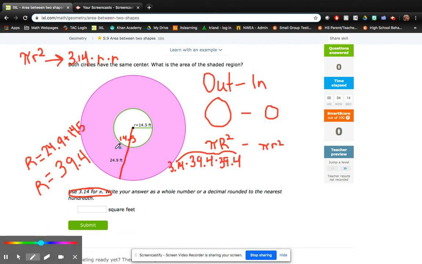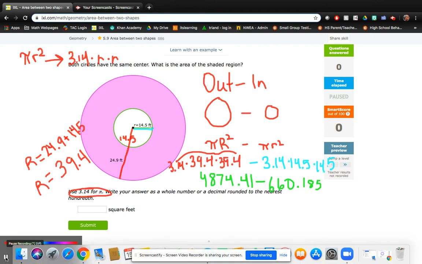Then I need to just do the small circle here, right? So the radius of my small circle is just 14.5. So again, I'm going to do 3.14 times my little radius, which is 14.5, times my little radius, which is 14.5. And then I'm just going to type that in the calculator.